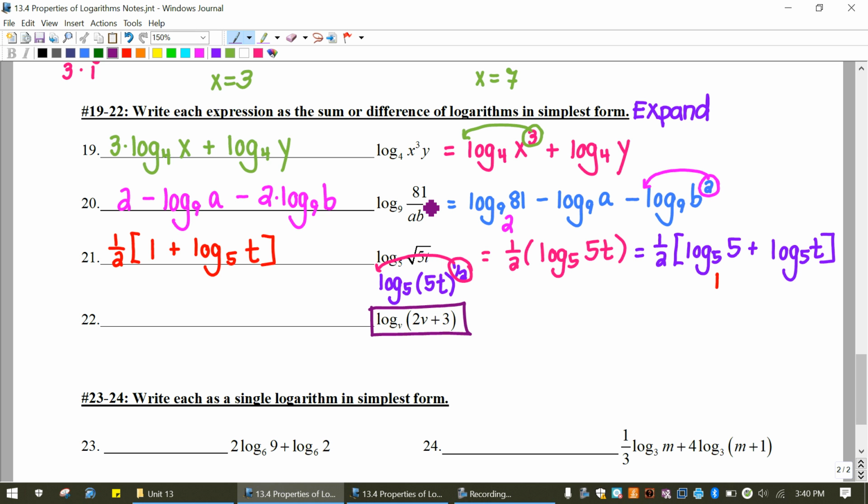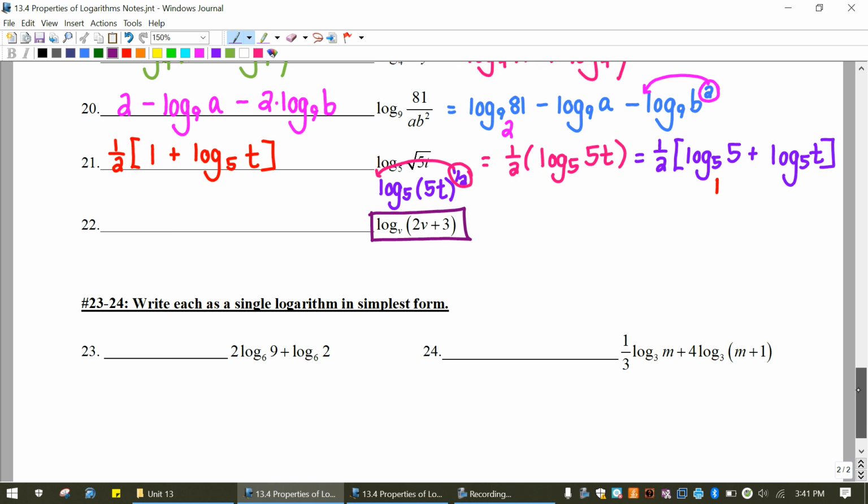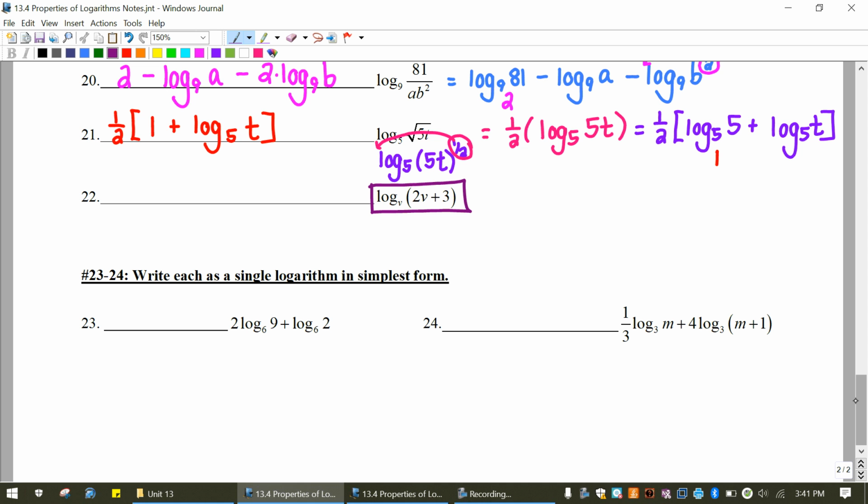I have rules like number 20 when I have a quotient. And I have rules when I have a power. I don't have any rules to break up addition between logs, only multiplication, division, and powers. Okay, so 22 is a trick. You cannot expand that.